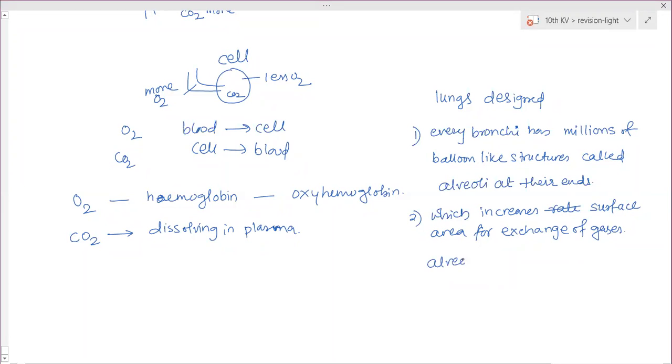Alveoli are moist and one cell thick, which helps them expand easily.